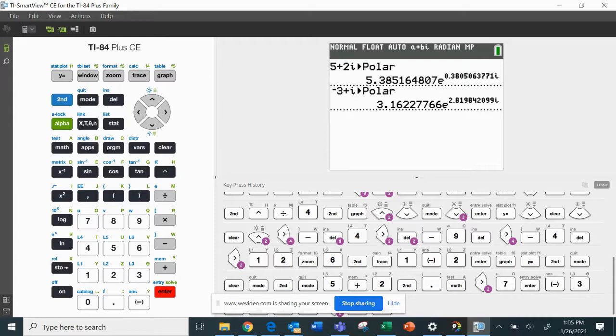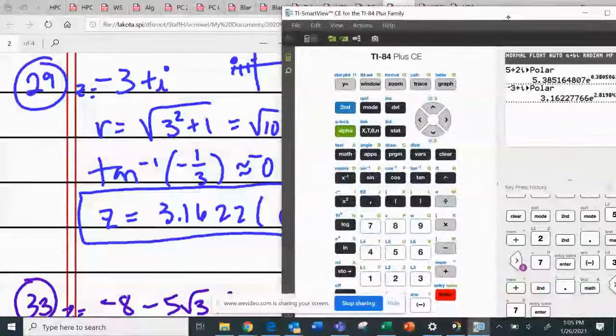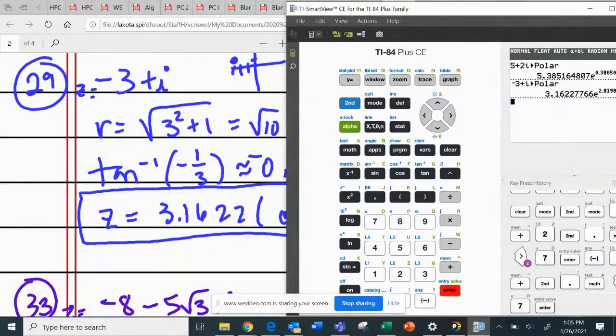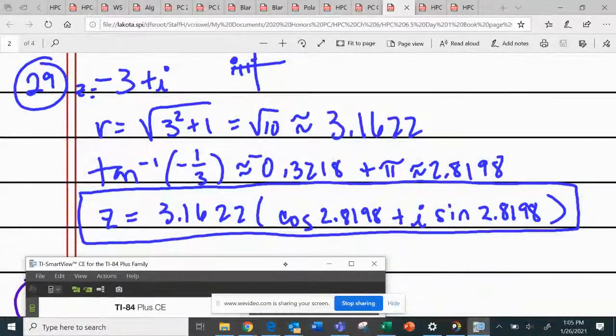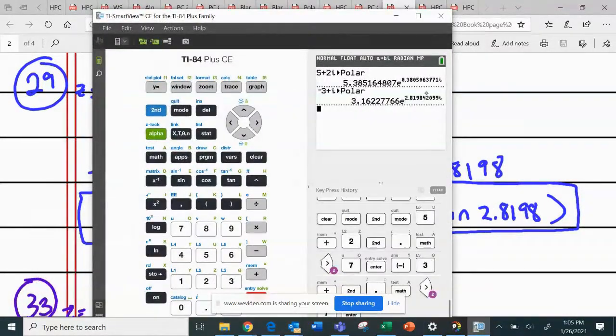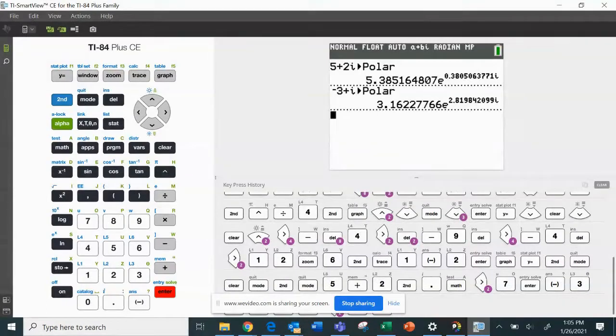And we get that 3.1623. Oh, I had 2 too. I think I rounded wrong on that one. And then 2.8198. Yep, that's the top number there. Okay, so that's the first thing we're learning on our graphing calculator today.